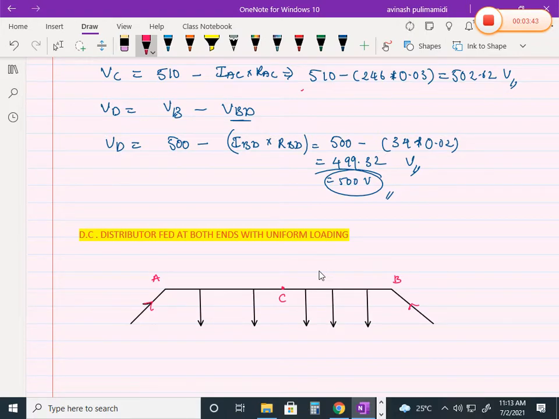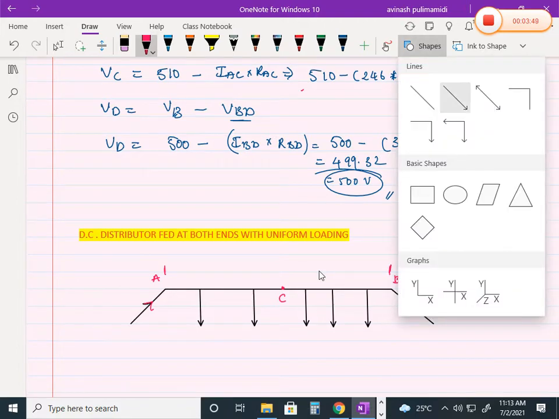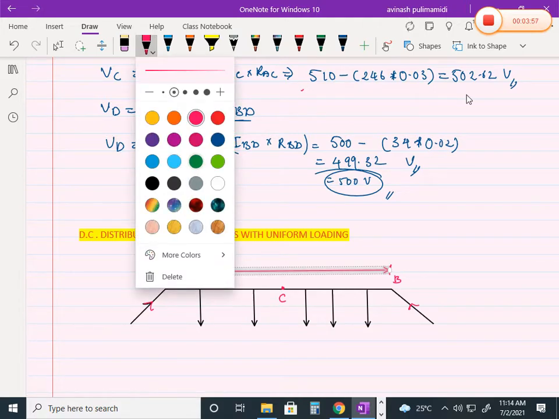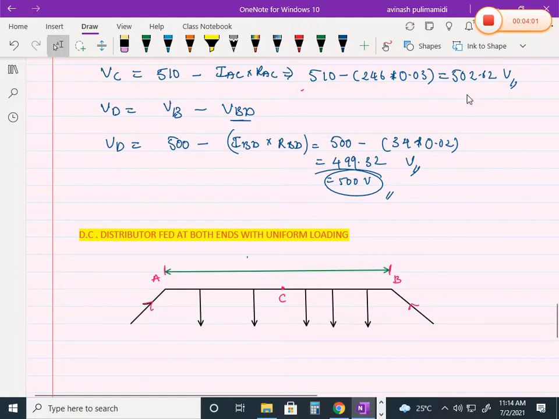And the total length from this point to this point will be equal to small l.